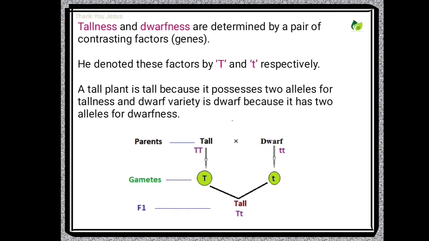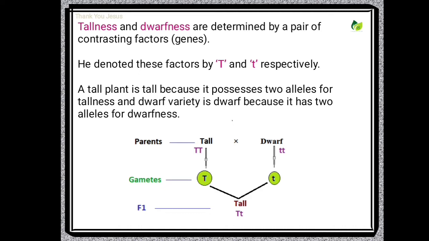Let us discuss in detail. Tallness and dwarfness are determined by a pair of contrasting factors or genes. He denoted these factors by capital T and small t respectively.